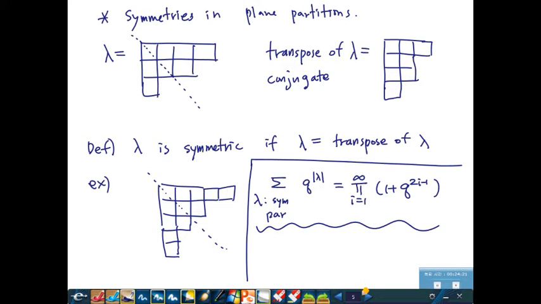So yeah, even though we impose some symmetry there, we still have a nice product. Plane partitions also have symmetries. To do that, let me define: a plane partition we write as an array of numbers like this.